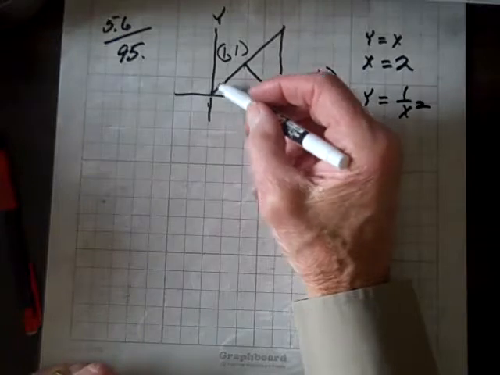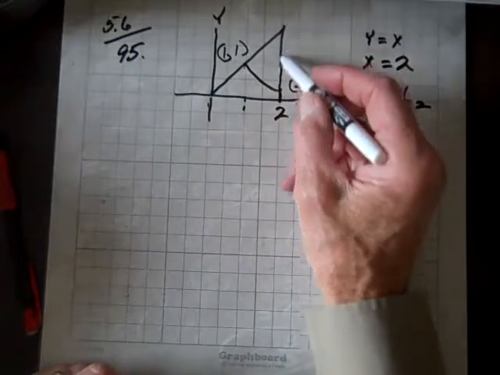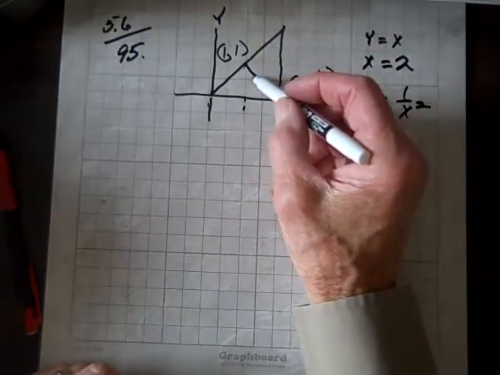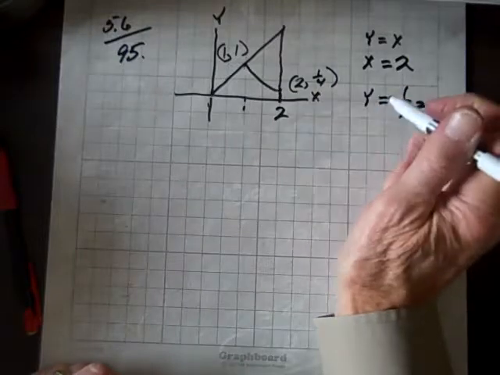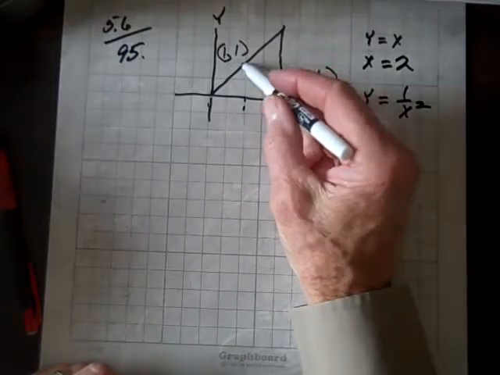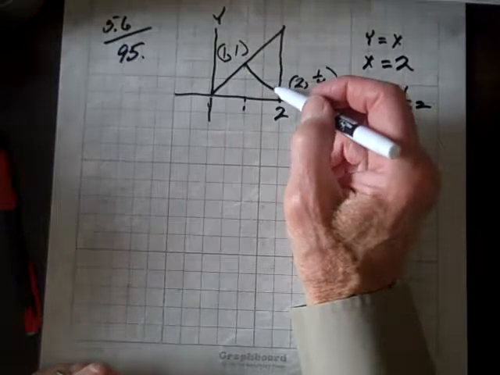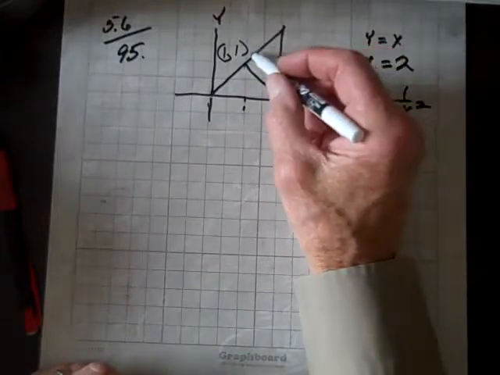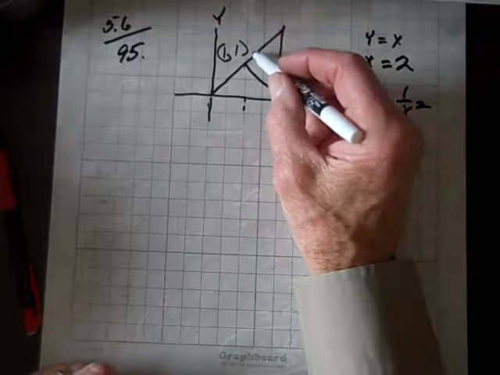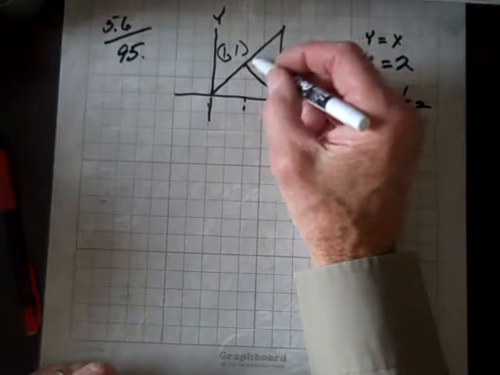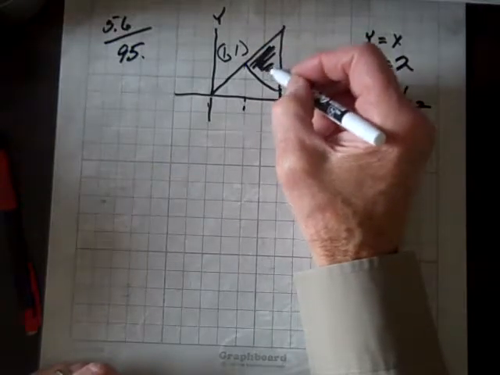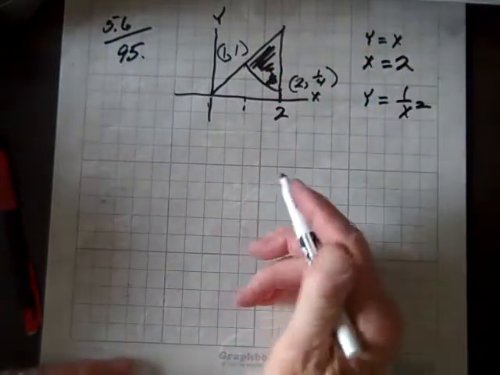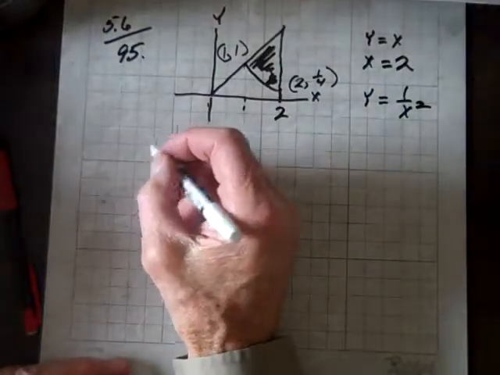Well, here's the graph of y equals x, here's the graph of x equals 2, and here's the graph of 1 over x squared on the interval where it intersects with these two lines. So now we're talking about this region right here, and let's find the area of that region.